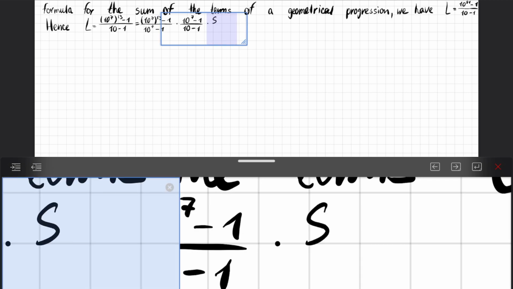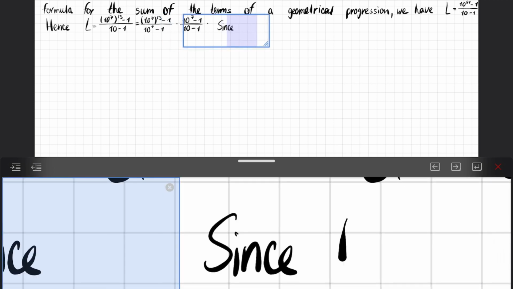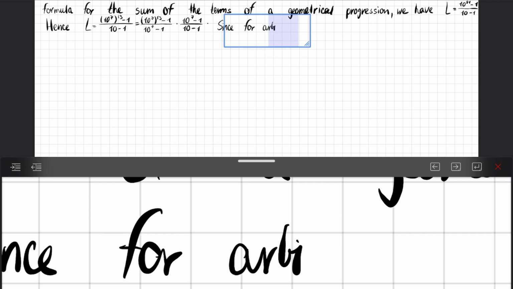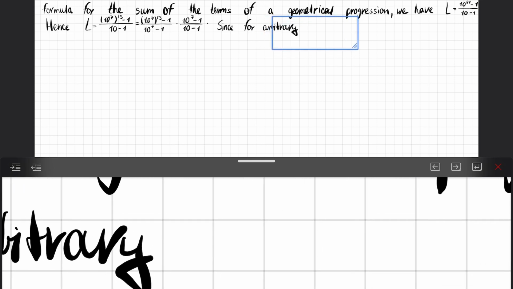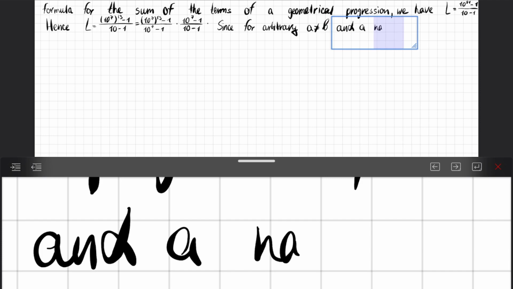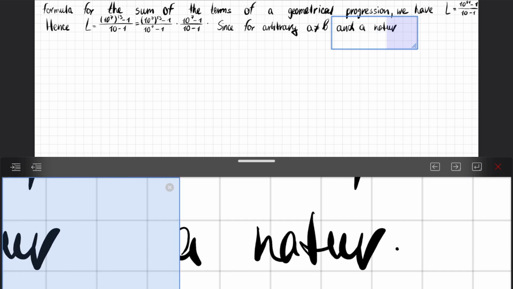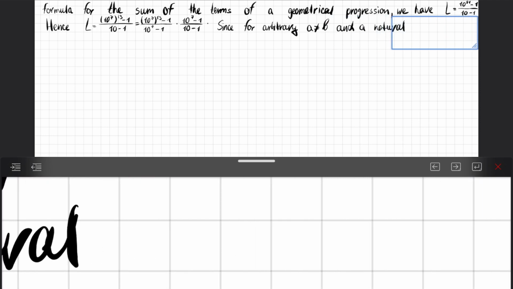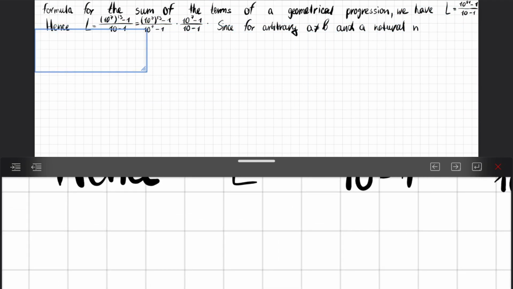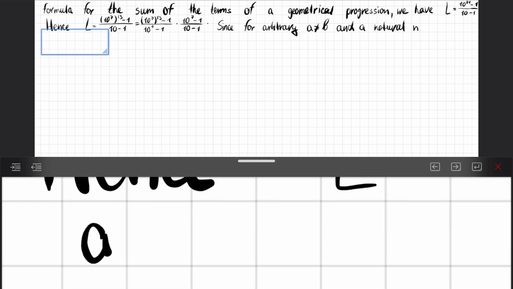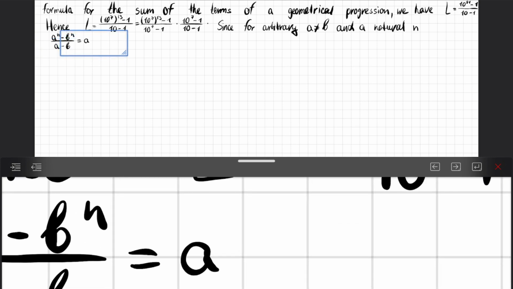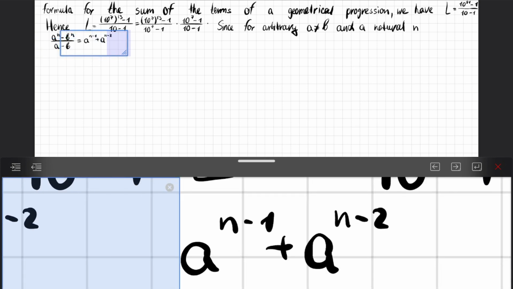Since for arbitrary A not equal B and natural n, A to the power of n minus B to the power of n divided by A minus B is equal A to the power of n minus 1 plus A to the power n minus 2 times B plus and so on plus A times B to the power n minus 2 plus B to the power n minus 1.